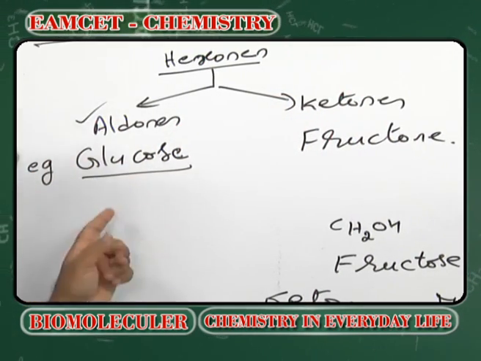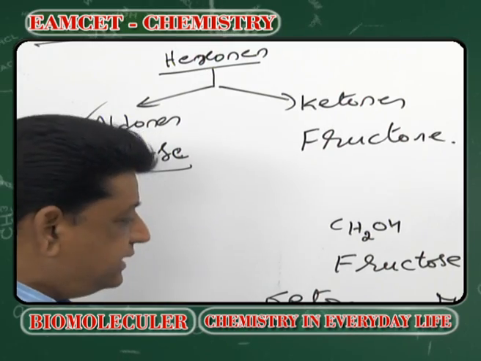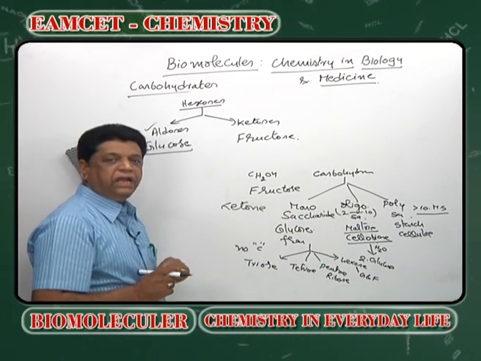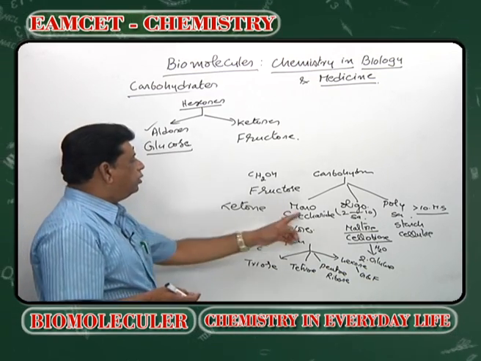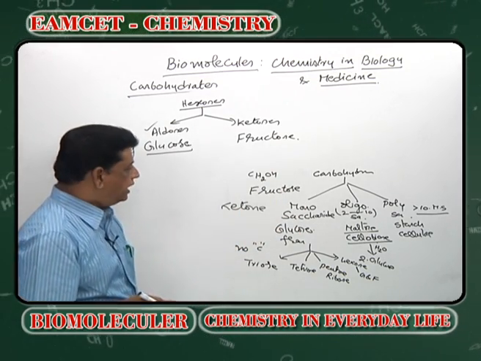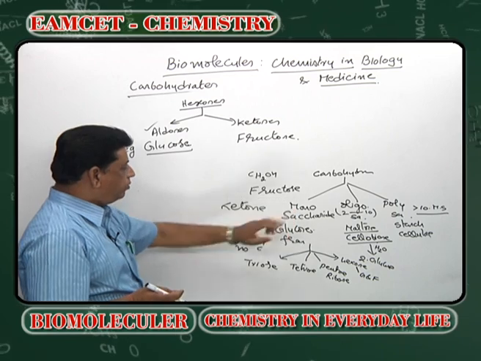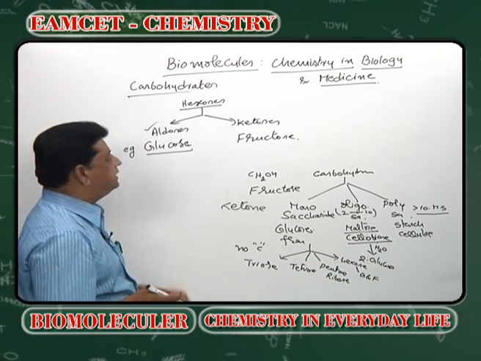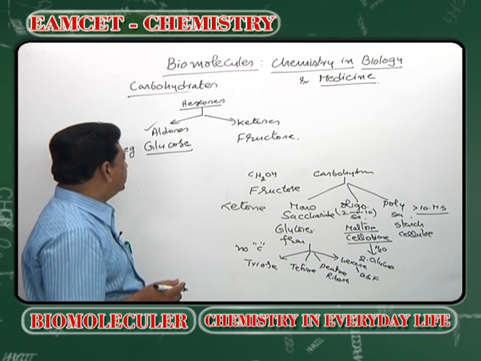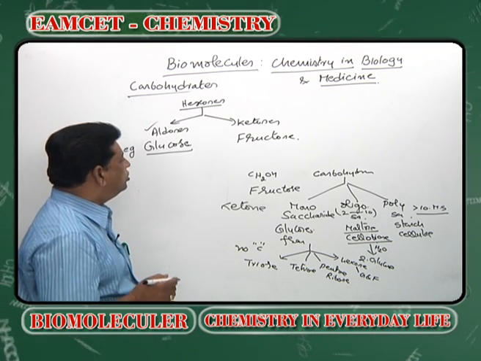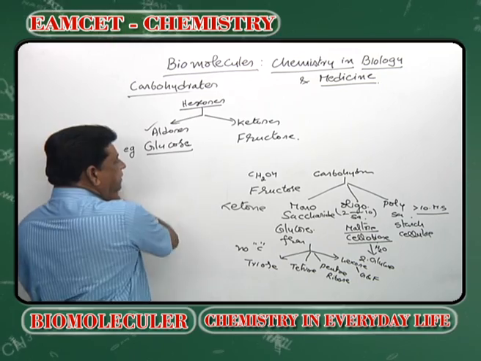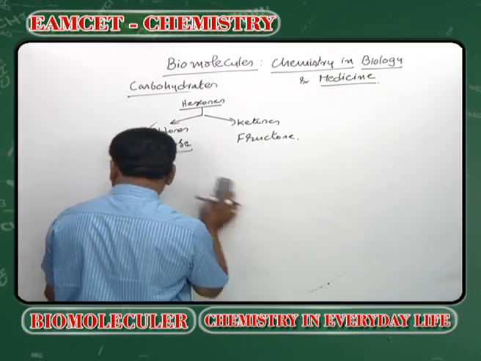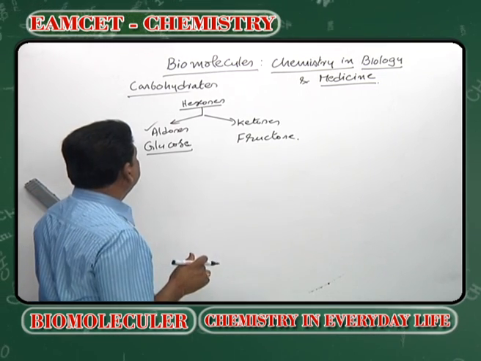Glucose is a hexose because it is made up of 6 carbons. Glucose is a monosaccharide; on hydrolysis it won't break up. It is a carbohydrate of monosaccharide nature, hexose nature, and an aldose containing an aldehyde function. Glucose and fructose are important in the biology of carbohydrates.